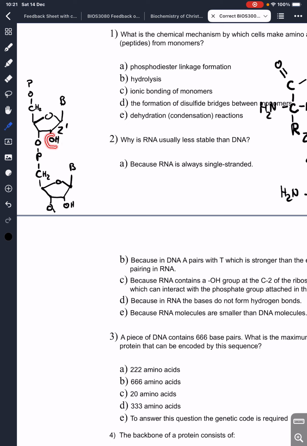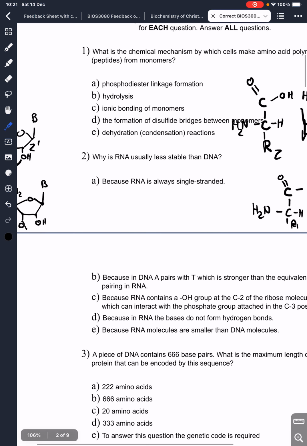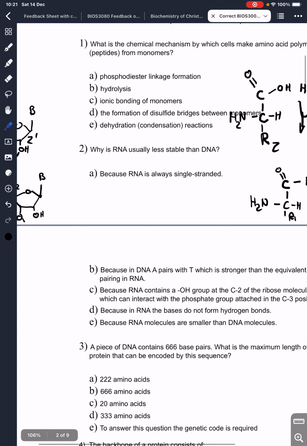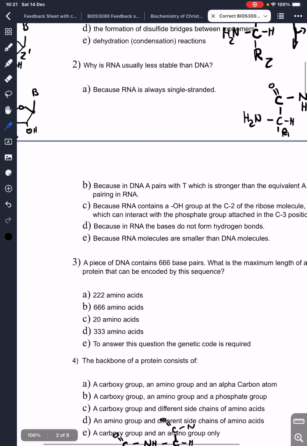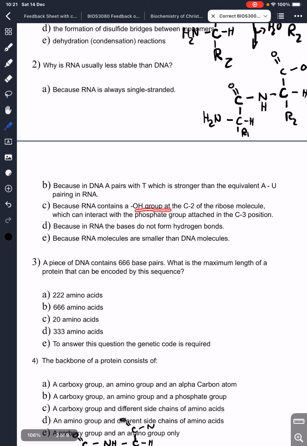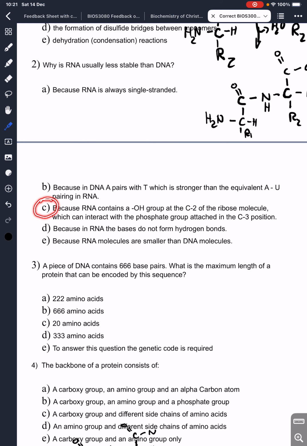In RNA, this OH group can attack the phosphodiester bond here and lead to a breakage of the strand. So the reason why RNA is usually less stable is because RNA contains an OH group in the C2 position of the ribose molecules. So answer C would be correct.